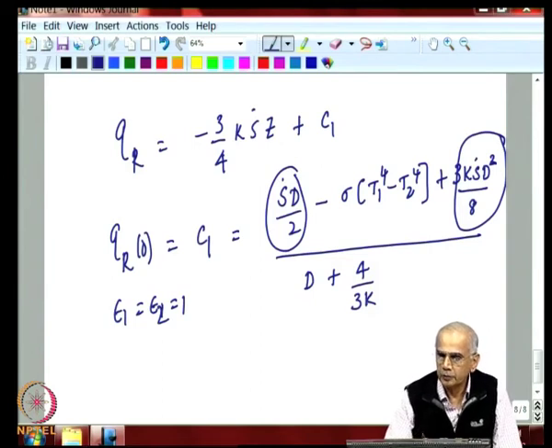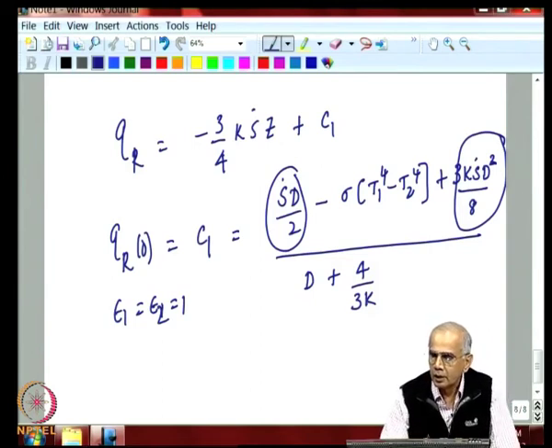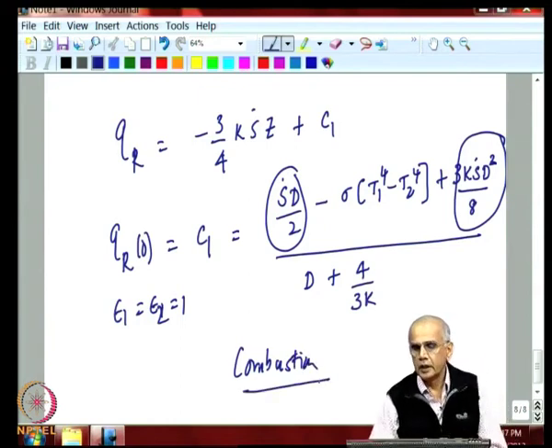So, this problem highlights that in problems involving combustion, the heat flux at the wall may be controlled more by the internal heat generation term instead of the term involving wall temperature difference.